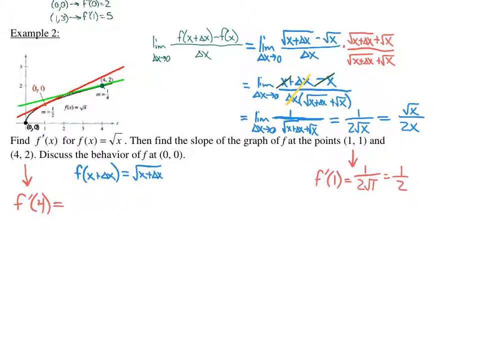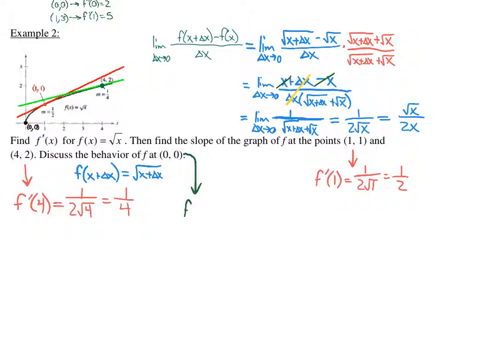If I want 1 over 2 times the square root of 4, I get 1/4. And now what's happening at the point (0, 0)? Yes, our derivative is undefined.